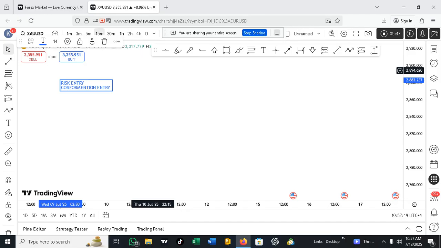This confirmation entry, sometimes I call it flip entry model. Of course, those order blocks that I have shown you is where I pick my entry setup. Because when the market taps on those order blocks, or fills the order block, I wait for the confirmation that I'm going to show you here.